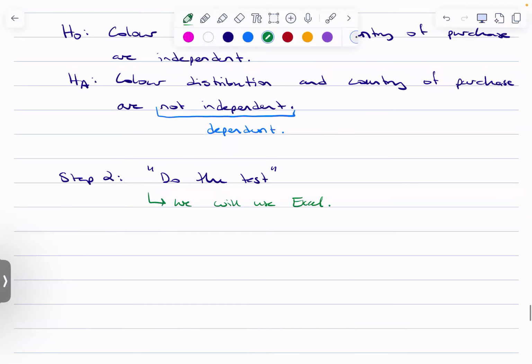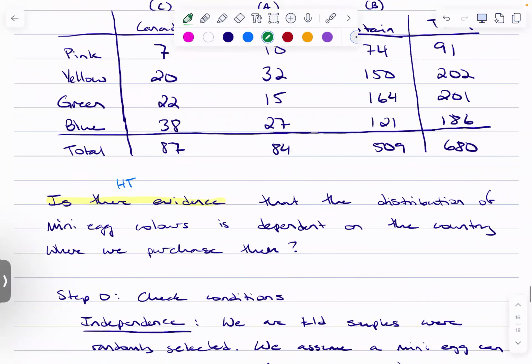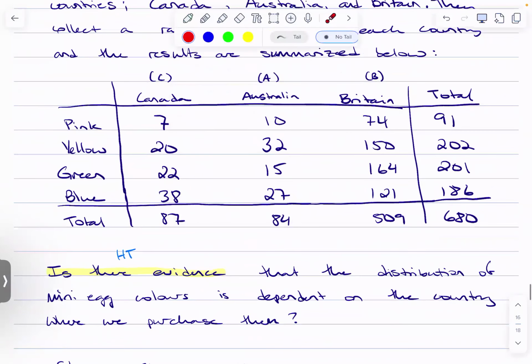The problem with Excel is it still wants to know what the expected counts are. And for some reason they haven't figured out how to build that in, even though I personally feel like I should be able to just feed it this, and it should just be able to calculate my totals and find the expected counts. But for some reason, it's just not there yet.